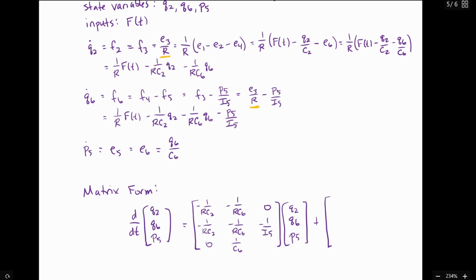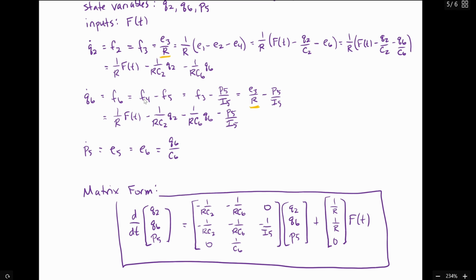Our input matrix, we look for the coefficients of f of t in each equation. We find a 1 over R in the equations for Q2 dot and Q6 dot, but no coefficient of f for P5 dot.